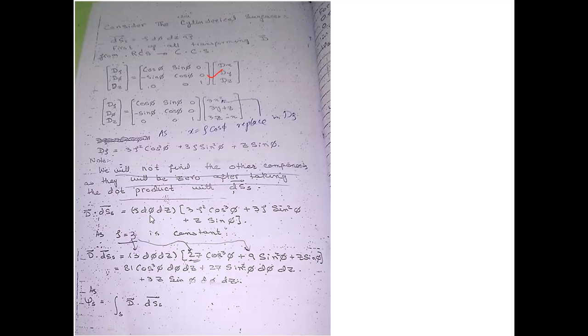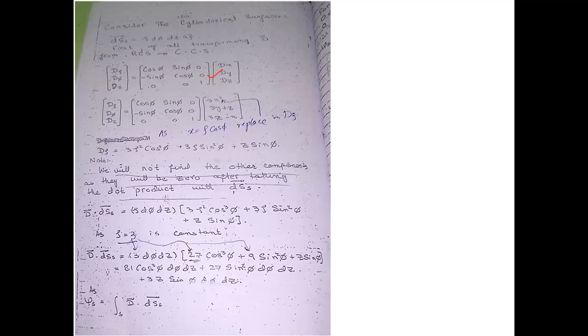Where we have the terms in the form of d, it means they are variable, and there are certain limits for these terms having d. But for the terms having non-d, like rho or z, we have to put the values. So by replacing rho equal to 3, we will get this.